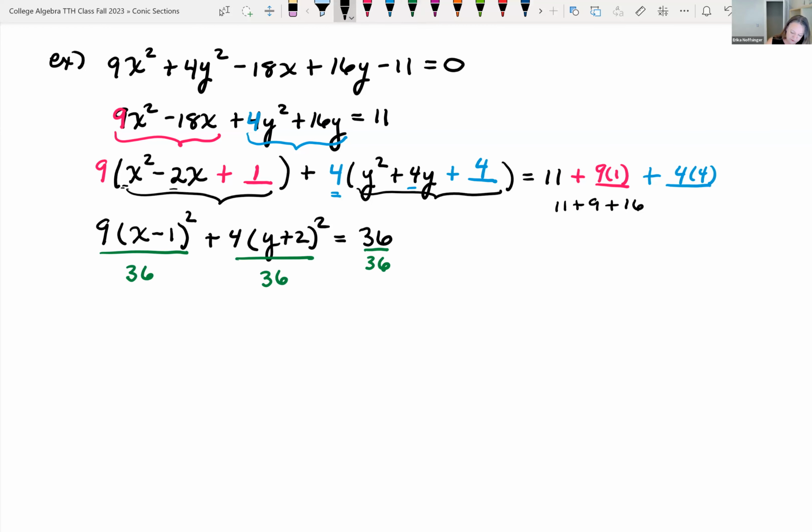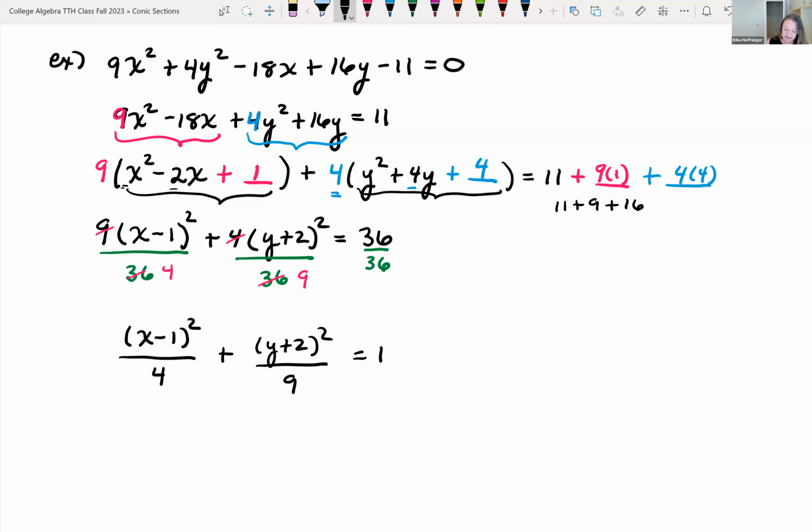So for that first fraction, 9 goes into 36 evenly 4 times. So I have x minus 1 quantity squared all over 4 plus, well, over here, this 4 goes into 36 9 times. So I'm left here with y plus 2 quantity squared all over 9 is equal to 1.